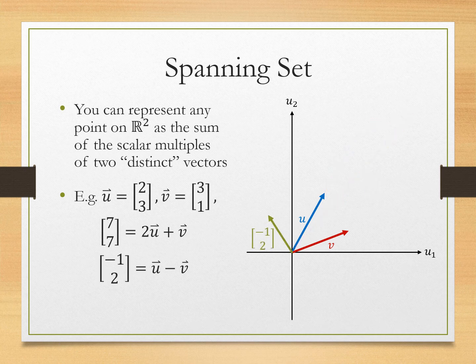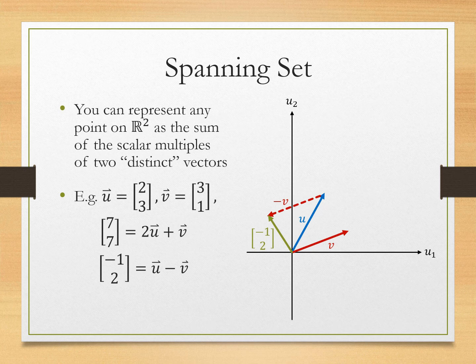Here's another example. Negative 1, 2. How do you represent negative 1, 2 by a combination of multiples of u and v? Here's how. You can have u minus v. That would give you negative 1, 2.